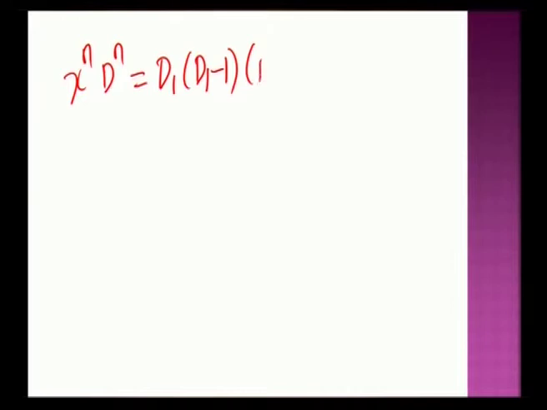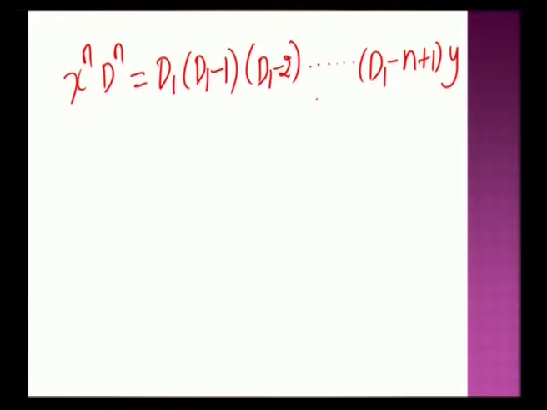In general, we get the relation x power n D power n is equal to D1 into D1 minus 1 into D1 minus 2, then D1 minus 3, D1 minus 4, etc., and we get D1 minus n plus 1 into y.